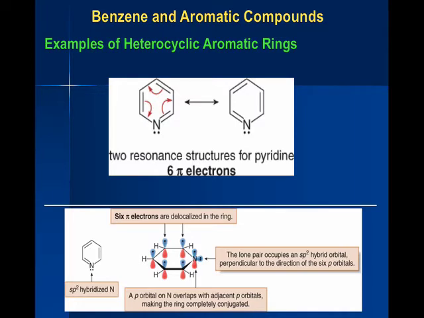That lone pair of electrons is 90 degrees to the p orbitals. Those electrons cannot participate in conjugation with the aromatic ring, so we do not count them, okay? So there are only 6 pi electrons. That satisfies Huckel's rule. Everything is fine and dandy, and it is an aromatic system.